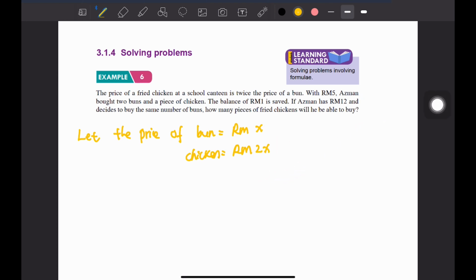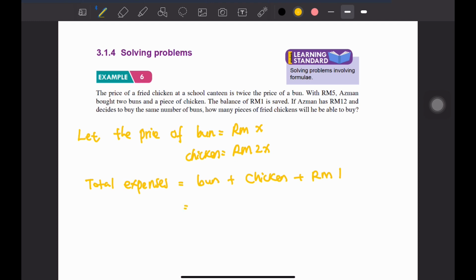Then kita tahu total expenditure, total expenses lah of Azman sama dengan, dia beli bun plus chicken plus ada berapa baki RM1.